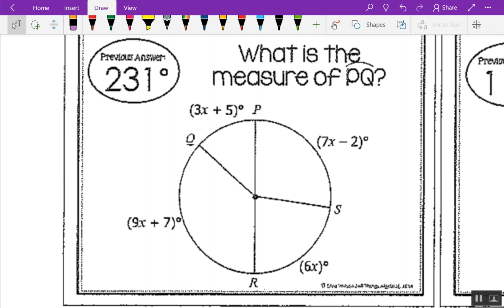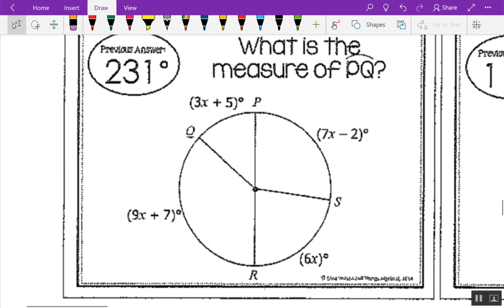No. So 129 plus 51 is 231. That's basically what I did. Come on. It's Friday. Same arc. Nope, that's not it. Never mind. PQ. Going that way.